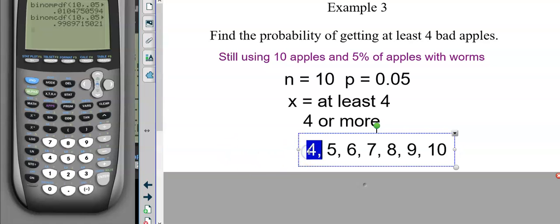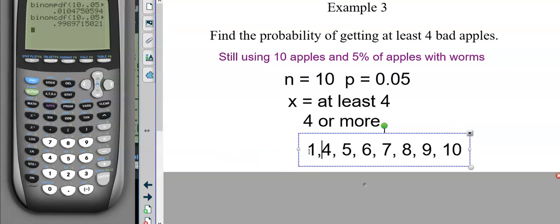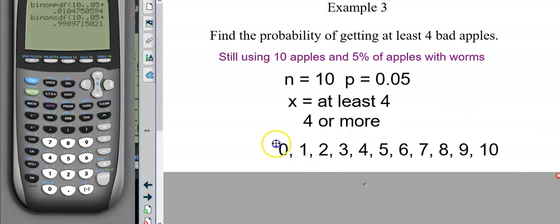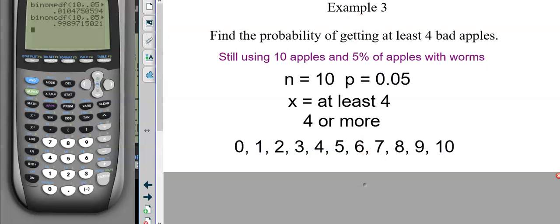I'll write out the other part too, I forgot 0. All right, so we want to find this part up here.